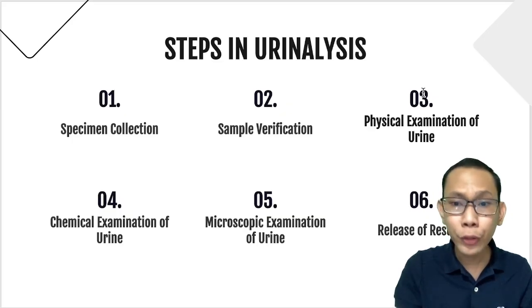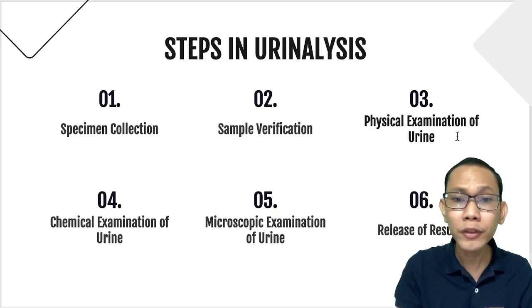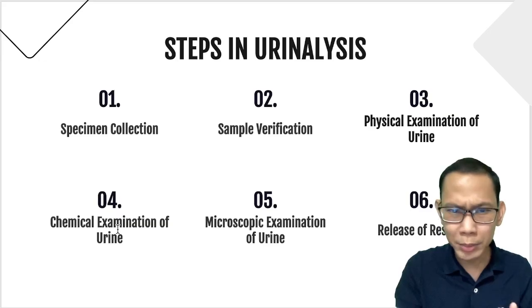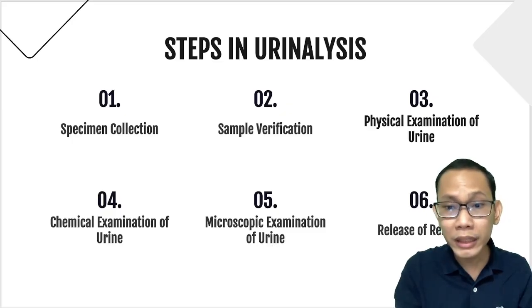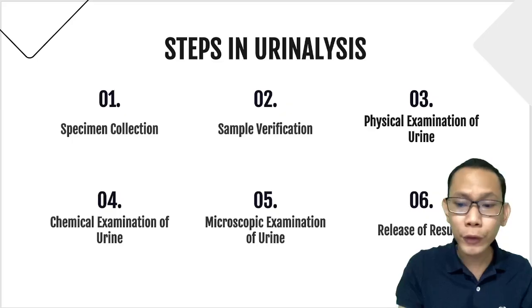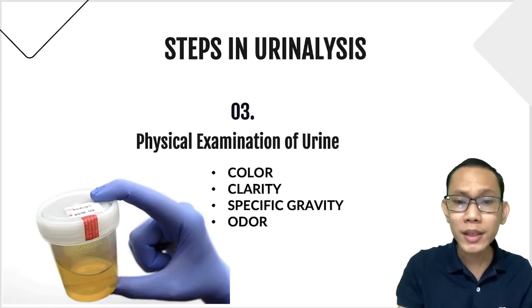The third part will be your physical examination of your urine, one of the most important parts of your urinalysis. This is followed by your chemical examination, which will be discussed in the following weeks, then your microscopic examination, and lastly, the release of your result. So for today, our main discussion will be about the physical examination of your urine.